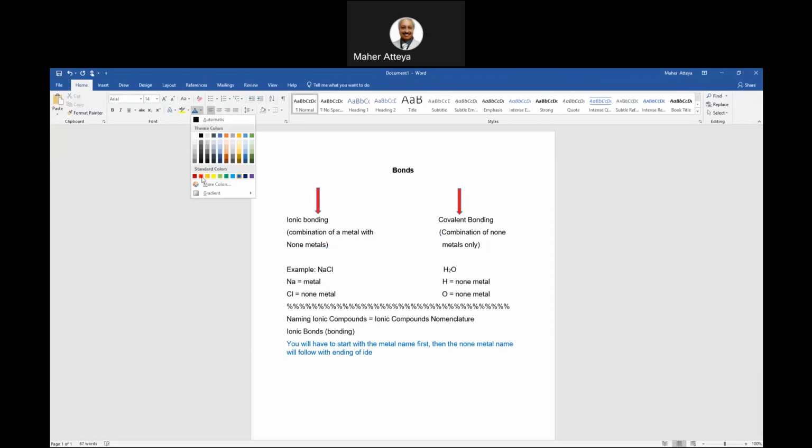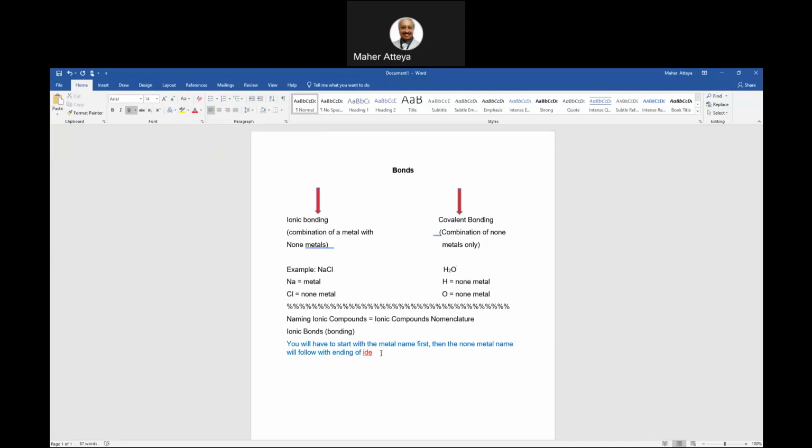It's in red here, and underline it. So the ionic compound will end up with IDE. Sometimes we have to work on the nonmetal so that it is adjusted and will accept the IDE.